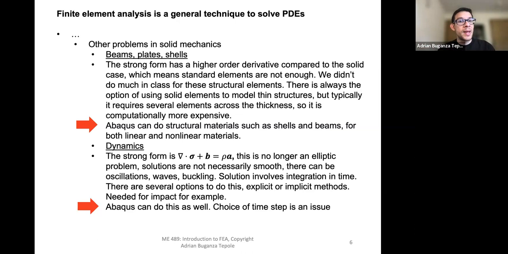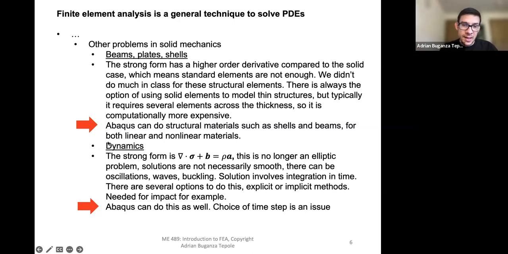Whereas in your lab, maybe lab 5, when you did the beam bending, to get accurate beam bending you needed multiple elements through the thickness. But with shells, you only need one. So they are very efficient, but we didn't cover them.